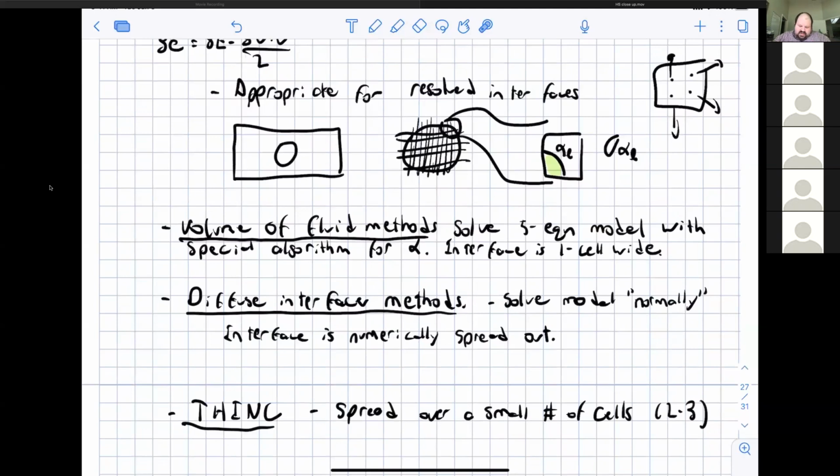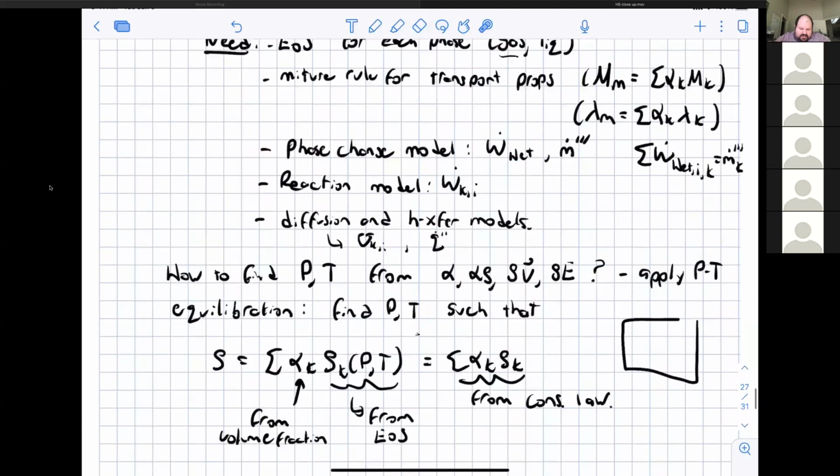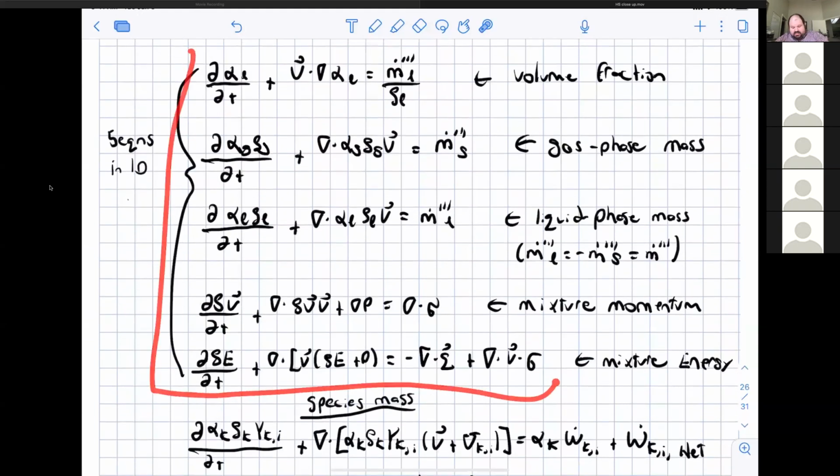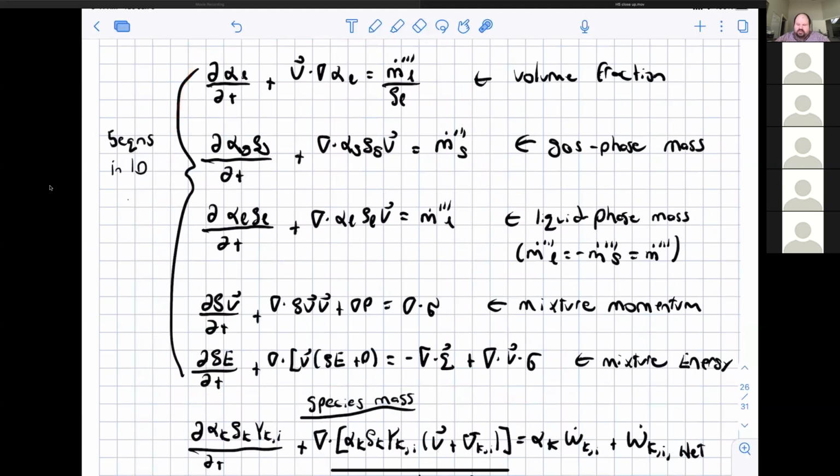No, here the inside and the outside are both solved using these same equations. Inside of the droplet, you still solve, say, this gas phase continuity equation right here. It seems wasteful, but it makes the code fairly straightforward to implement.